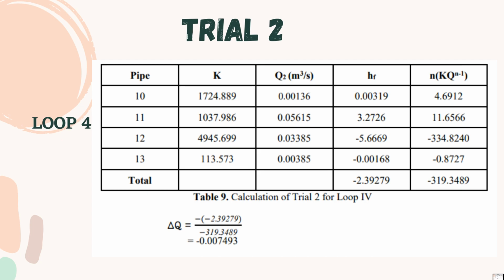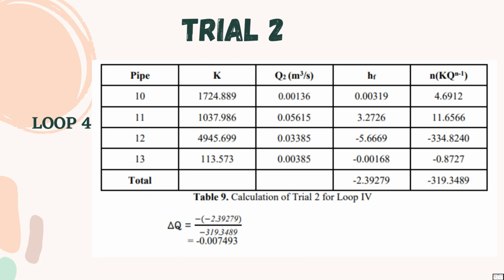Q2 for pipe 10 is 0.00136, for pipe 11 is 0.05615, pipe 12 is 0.03385 and pipe 13 is 0.00385.